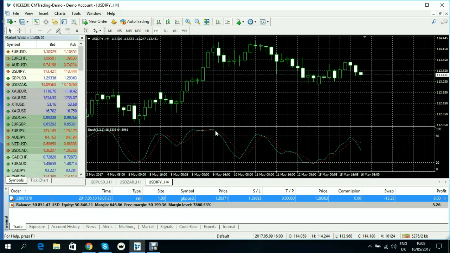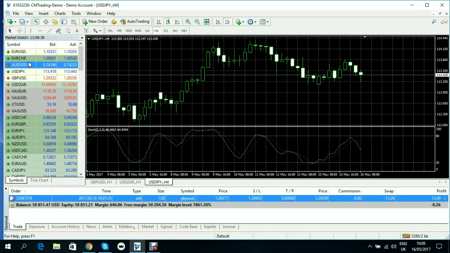But basically it's just to help us know whether the price of the particular pair is overbought or oversold.